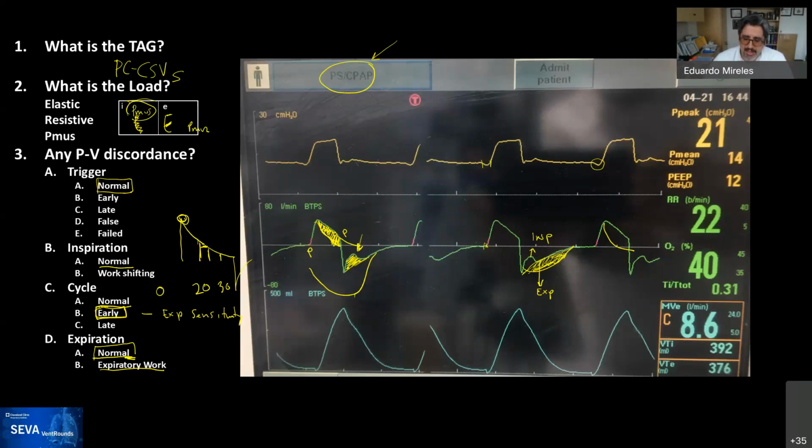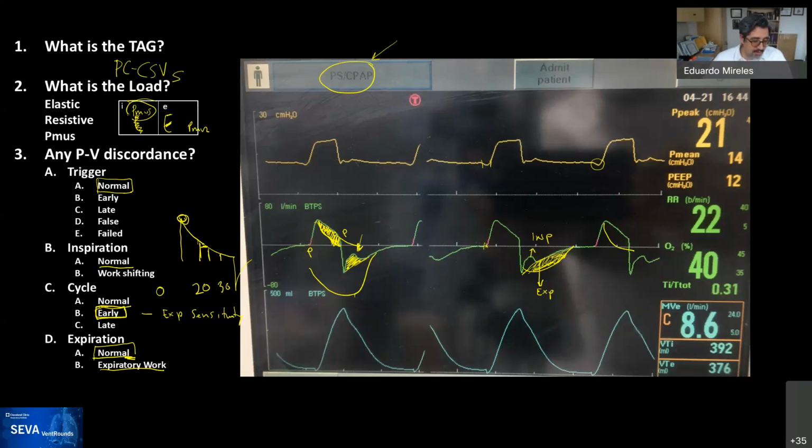It changes throughout the literature and the manufacturers, so just be aware of that. So that's right, Ibrahim. Some ventilators may not allow you to change that. I don't know which one, but some ventilators may have different settings.